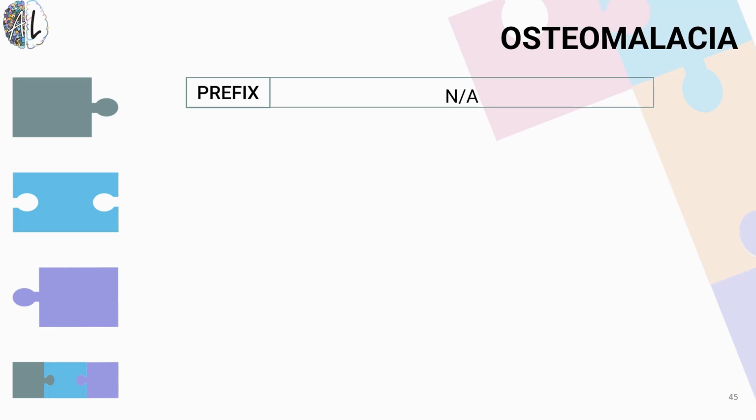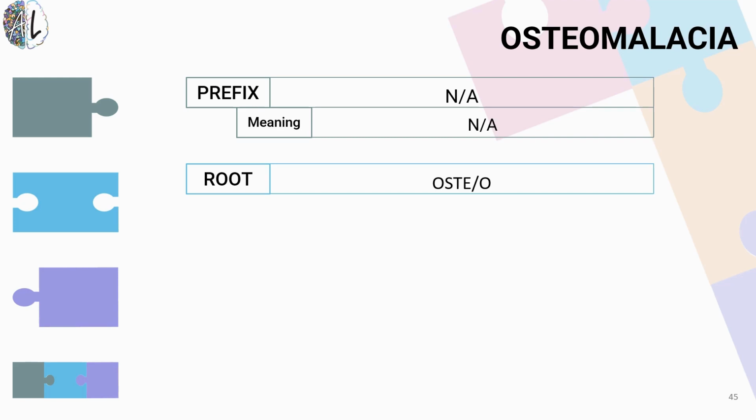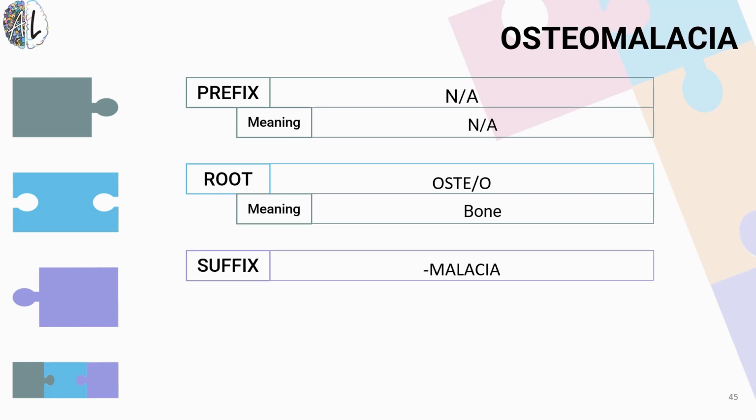All right, so hopefully you recognized again that there is no prefix in this word, but that the root term here is osteo, which refers to a bone. The suffix here we saw previously on our new word list. It is malacia, which means a softening.